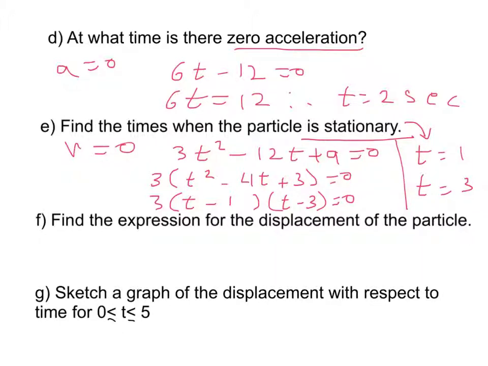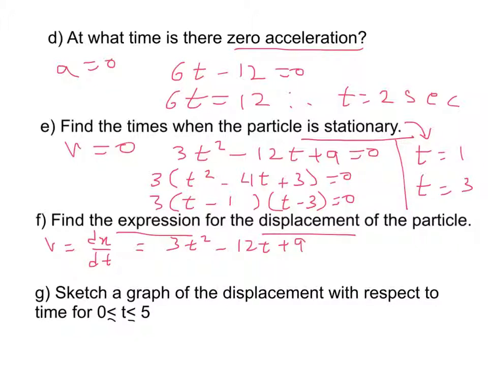Next part is finding the expression for displacement. So we are going backward. We've got the velocity. To find the displacement, we have to integrate. So v is equal to dx/dt, which is given to us by 3t squared minus 12t plus 9.